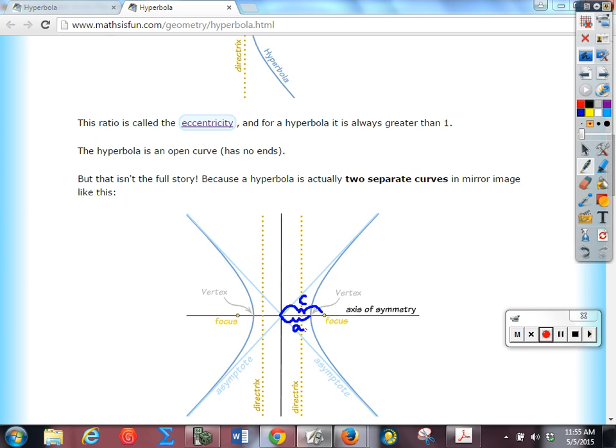So when you divide C divided by A, remember from last night's homework, the eccentricity is C divided by A. This is always bigger than 1 because the focus is always farther away from the center than the vertex.